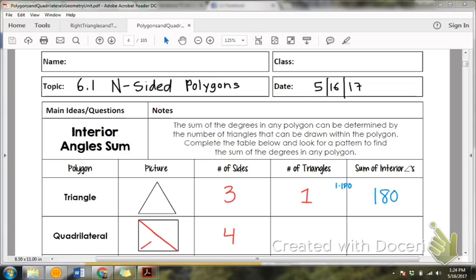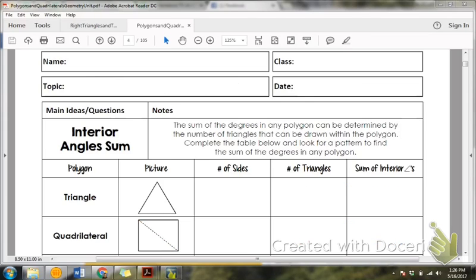Couldn't you draw another one? Yeah, but now you've crossed these 2 lines and you're duplicating them. So we have 4 sides, we have 2 triangles. To figure out how much is inside a quadrilateral, I'm going to do 2 times 180, which is 360. So all the angles inside of a quadrilateral add up to be 360.